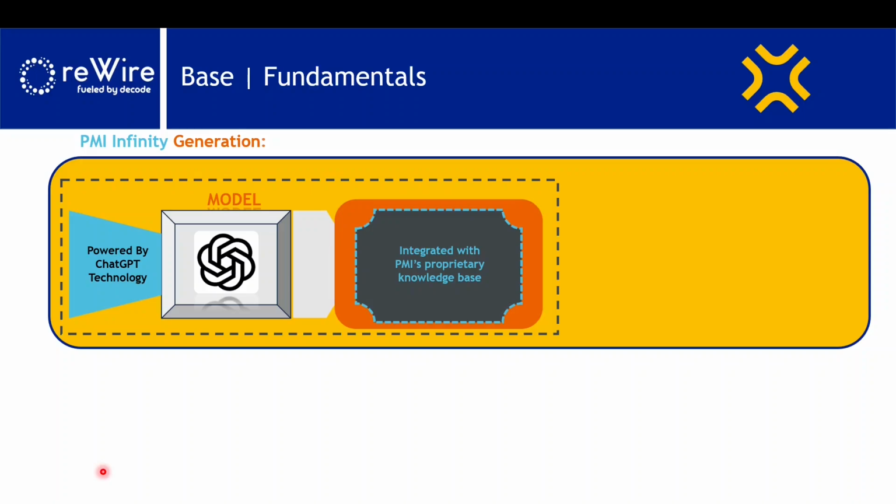Everything is available, and that knowledge base is integrated with this model, which we call a RAG. Yes, it is general purpose, but it is integrated with the RAG architecture. The purpose of the RAG architecture is to retrieve information from the specific knowledge base. We call it a RAG architecture.